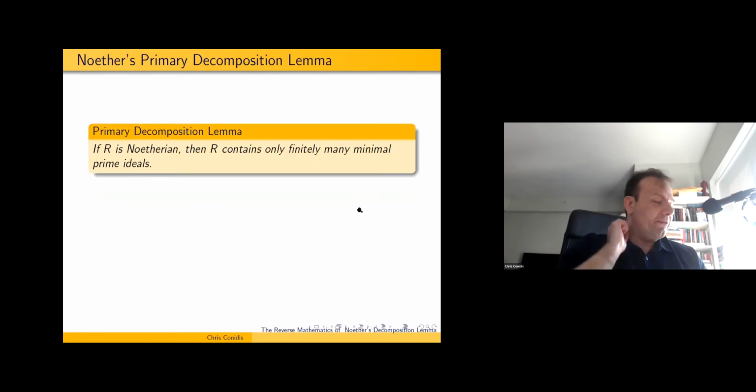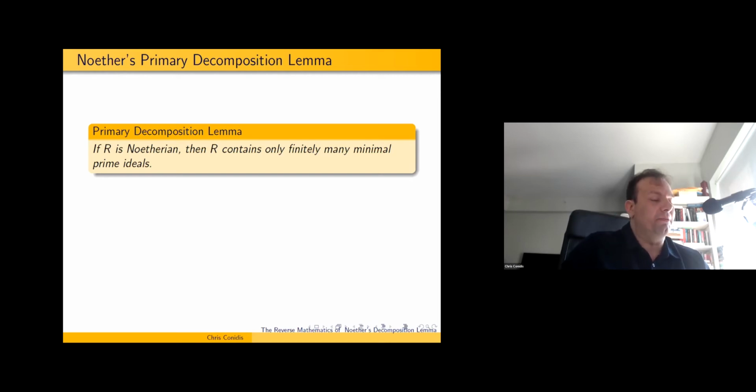Okay, so now for the primary decomposition lemma. What Noether's primary decomposition lemma says, so this is not standard terminology, I should start with that. I'm calling this thing a primary decomposition lemma. What is more standard is the primary decomposition theorem.